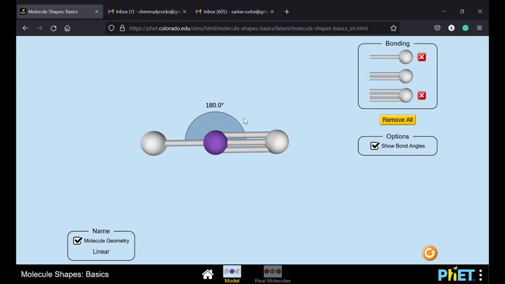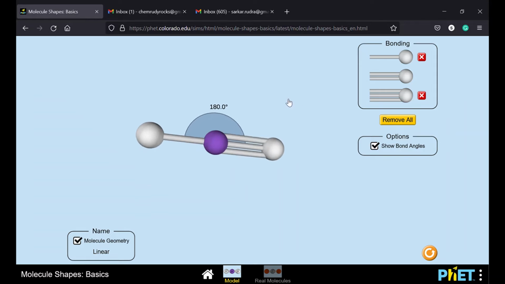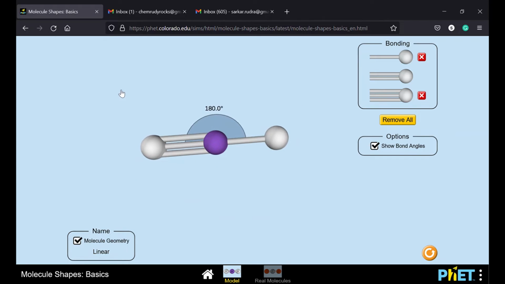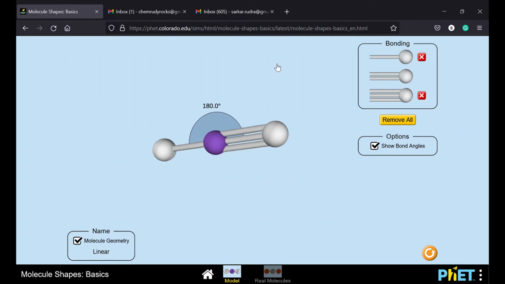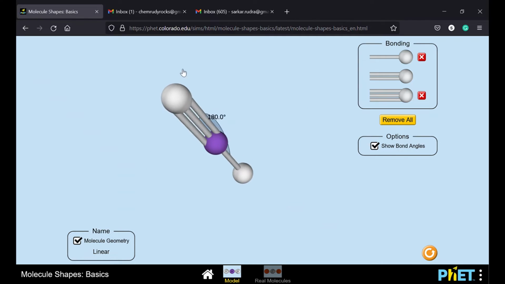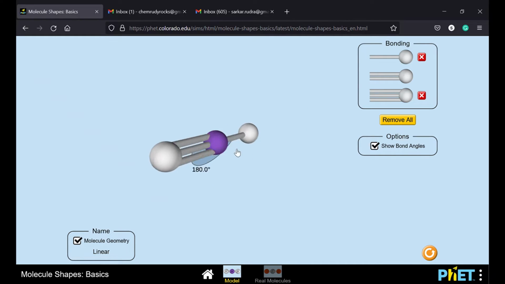And again, if you want to judge the bond angle between the triple bond and the single bond, it is around 180. Again, the molecule is linear in shape. Now what you can do is rotate it and get a 3D view of this molecule like that.